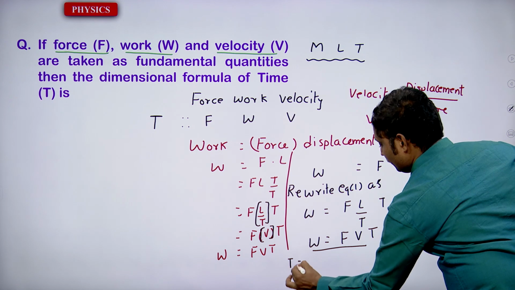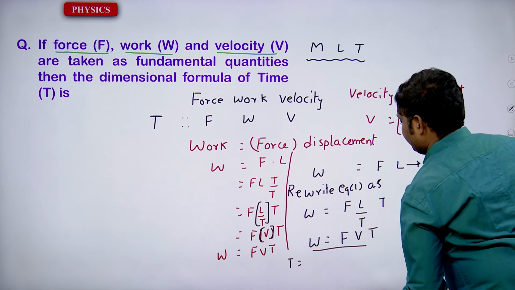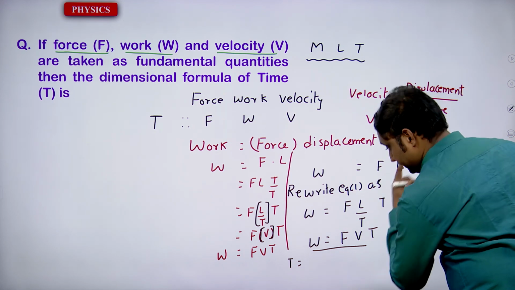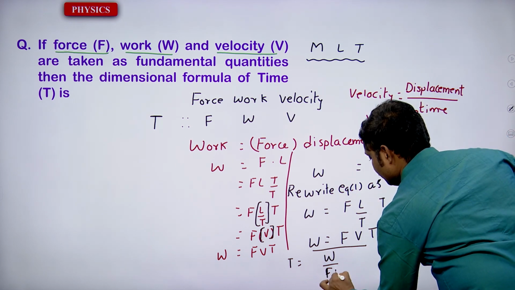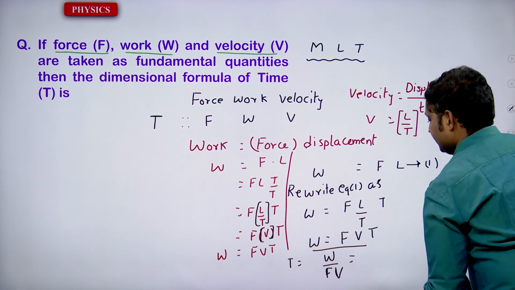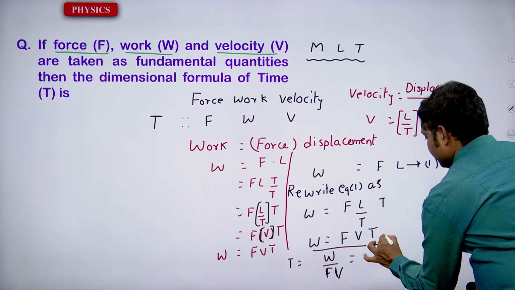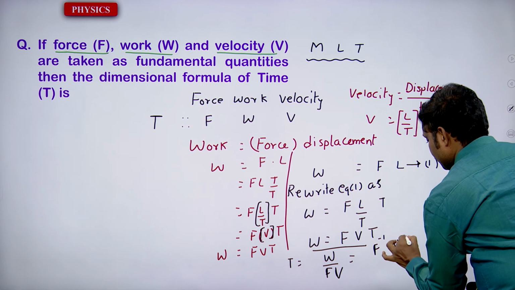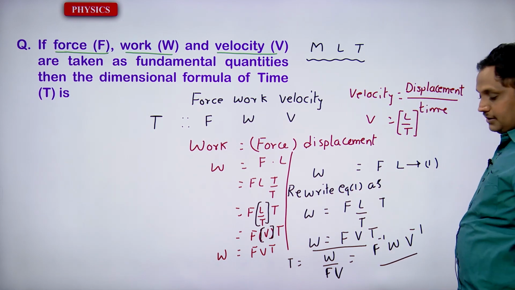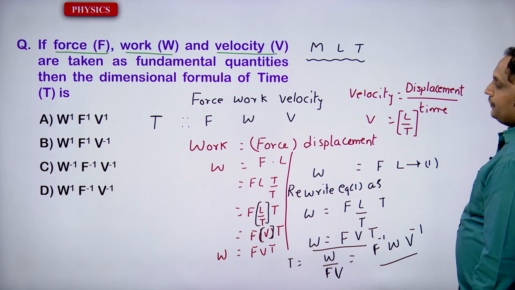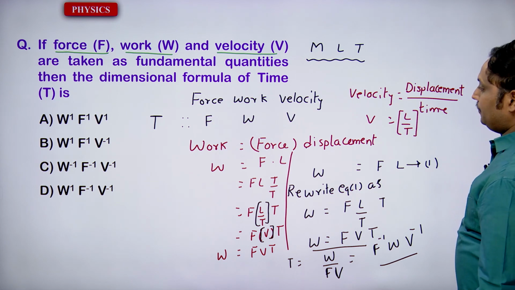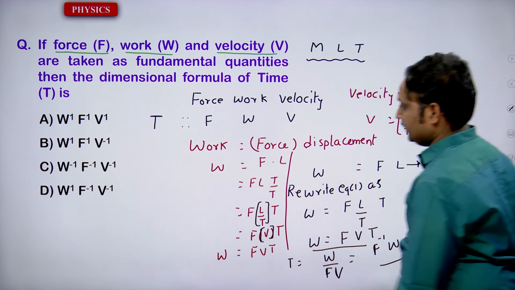Therefore, T is equal to W by F V, that is F minus 1 W V minus 1. F power minus 1, V power minus 1 and W power 1, that is the correct answer.